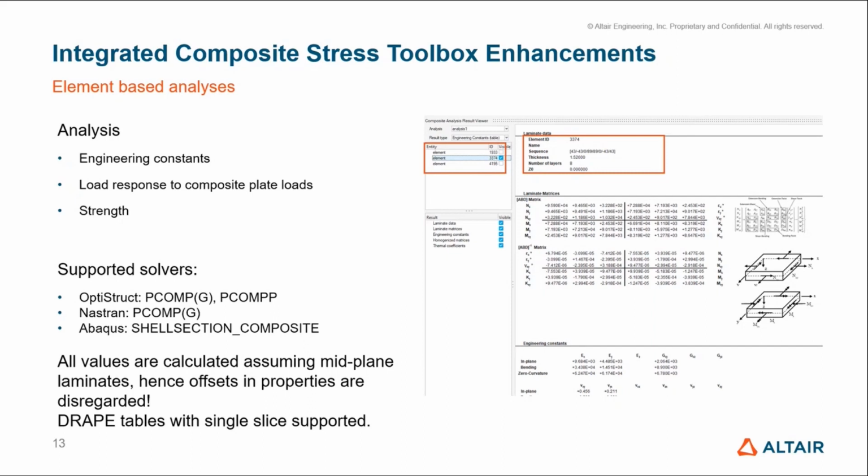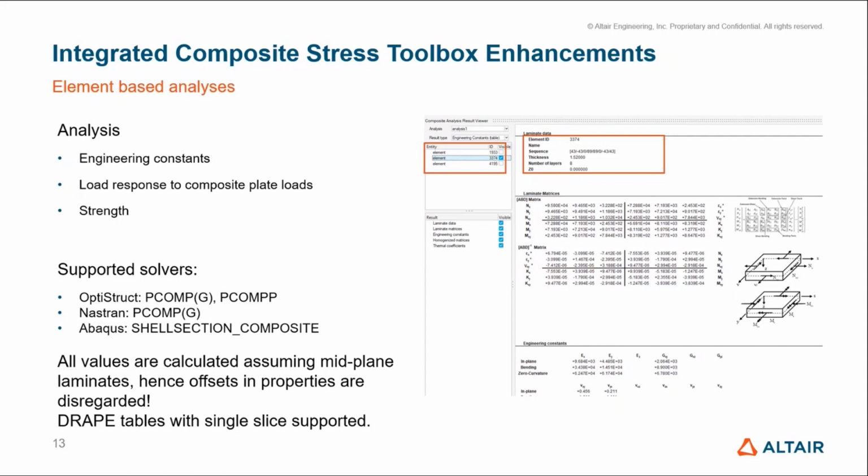We are currently supporting OptiStruct, Nastran, Abaqus with the various property types that you can see there. As a side note, as people normally look for the midplane values, that's also what we are providing.